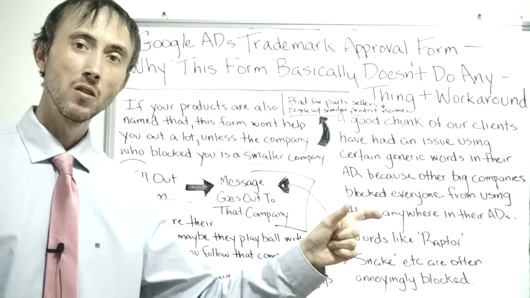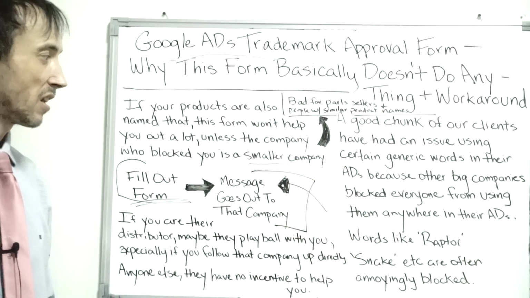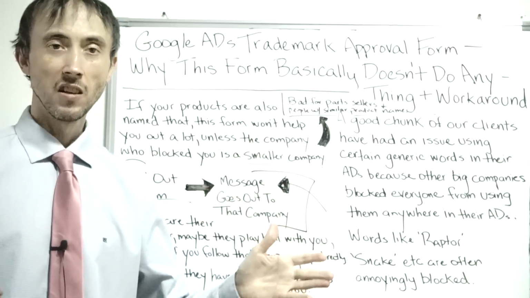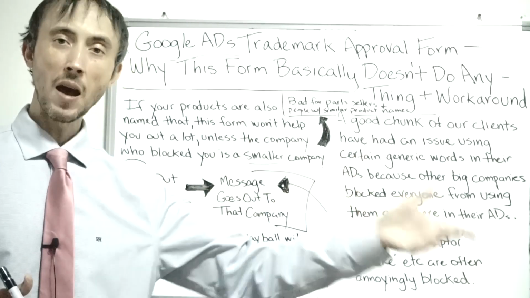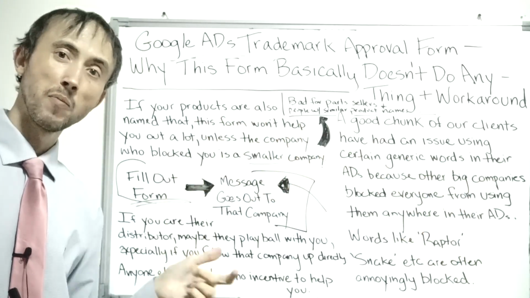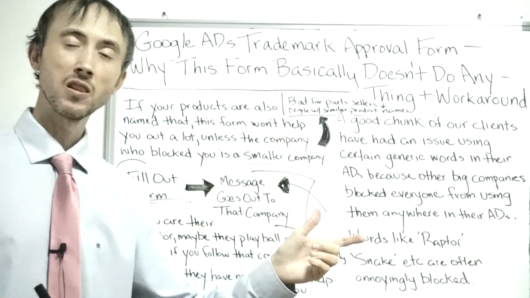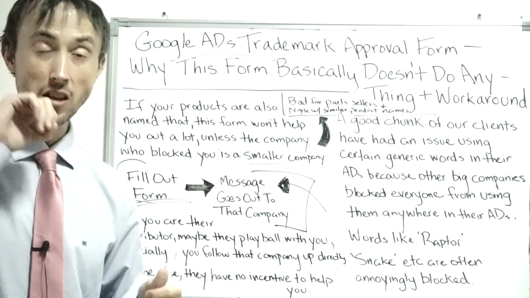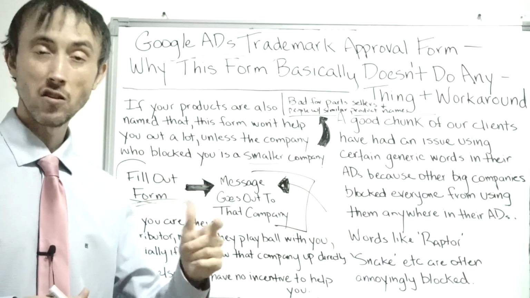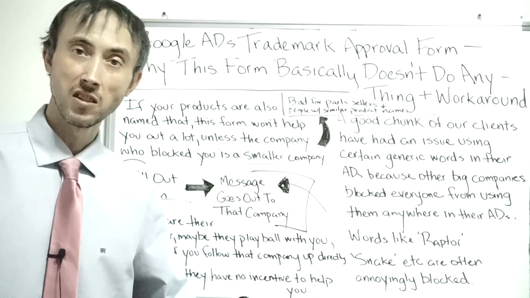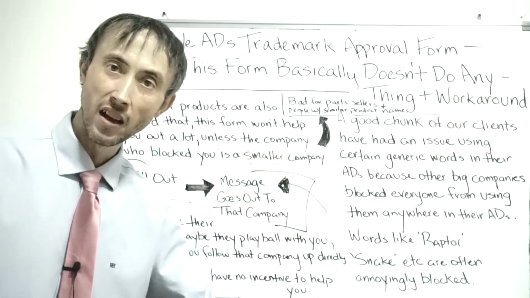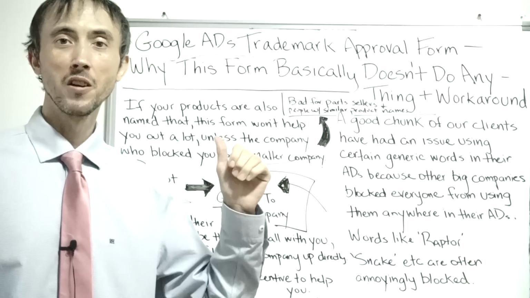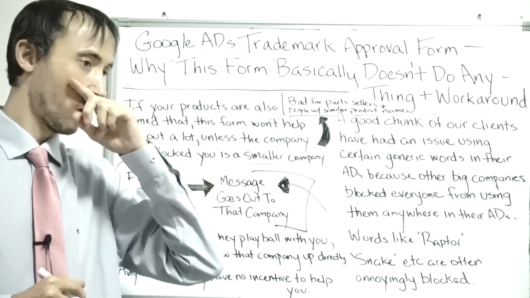So if you're selling the Vanilla Raptor product, and Ford won't let you use the word Raptor in your ad, and there's a bunch of people typing in Vanilla Raptor because they've heard of your product and they want to find you, you're really stuck. You want to advertise on that term and actually say the name of your product in the ad so they don't click on something else and you lose that customer, then you simply misspell the word Raptor, or you add an asterisk in there or whatever.